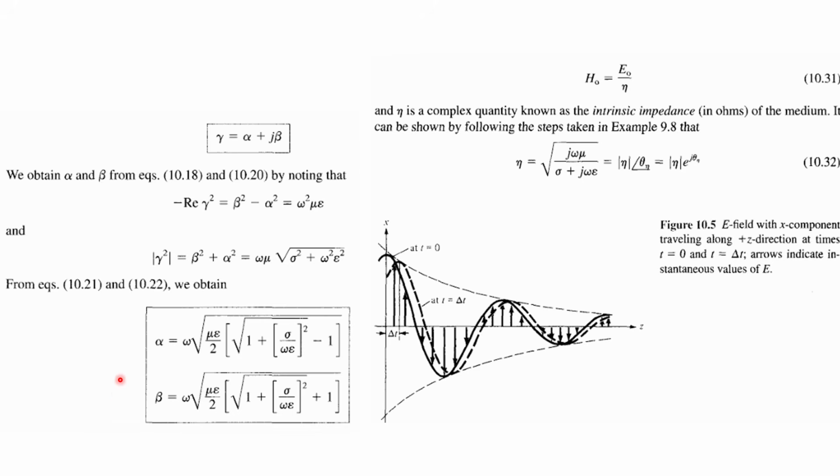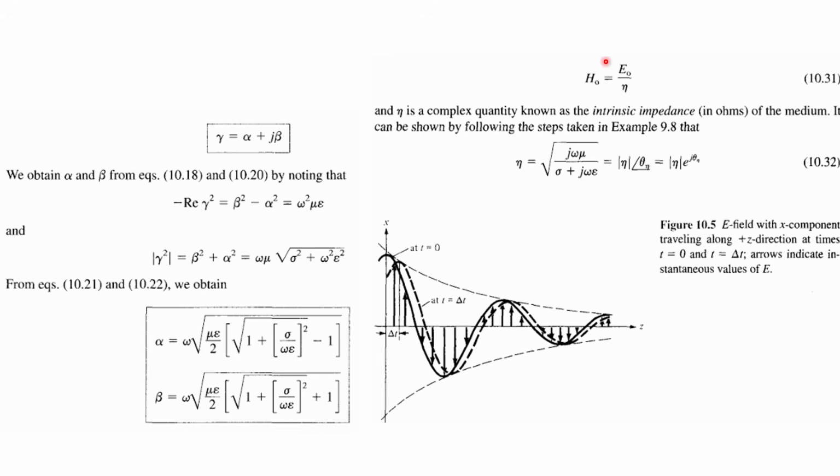Why is it so? Because alpha and beta characterize your propagation constant gamma, and gamma appears in del square E minus gamma square E is equal to 0. So gamma is the propagation constant, and that is how you are going to characterize the fields.